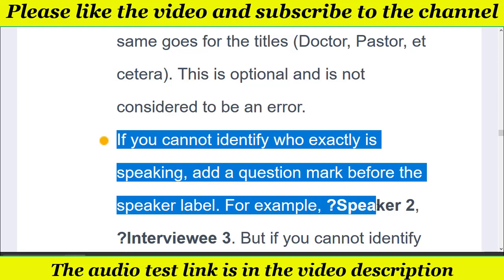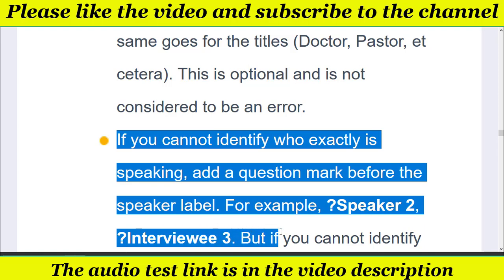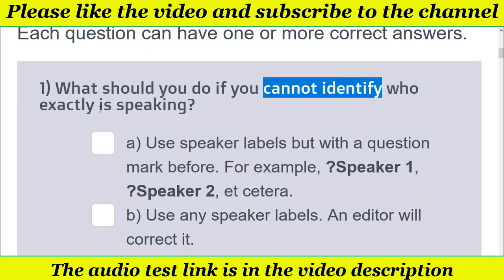For example, question mark speaker 2 and question mark interviewer 3, etc. So this is the rule if you cannot identify the speaker. So the answer to this question is the first one: use speaker labels but with the question mark before. For example, question mark speaker 1, question mark speaker 2, etc.